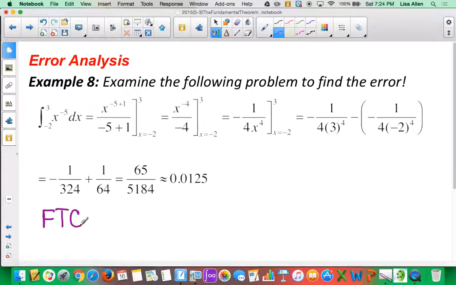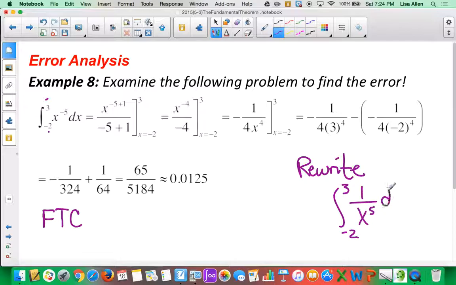FTC, if you notice we're going from -2 to 3 of x to the -5th. How about if we rewrite, just as an aside, our integral and maybe you'll see clearly what the problem is. From -2 to 3, we have 1 over x to the 5th dx.